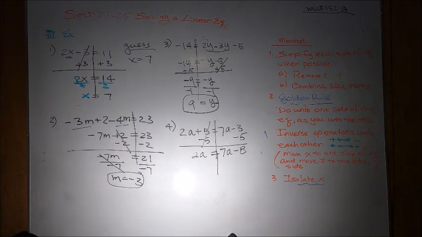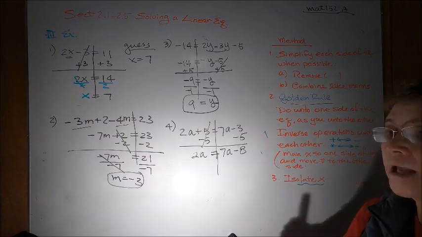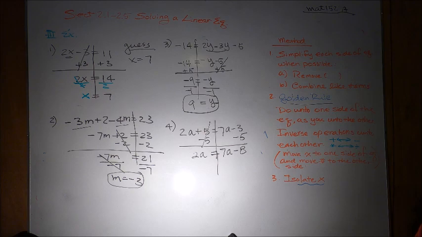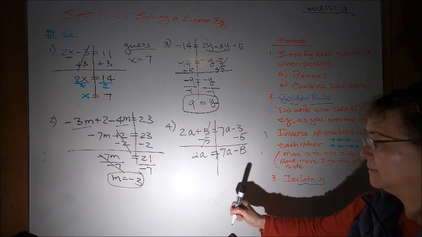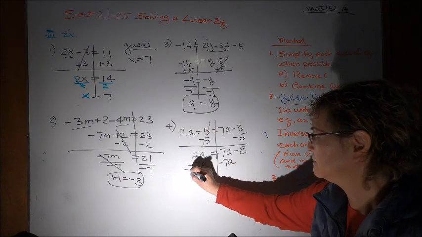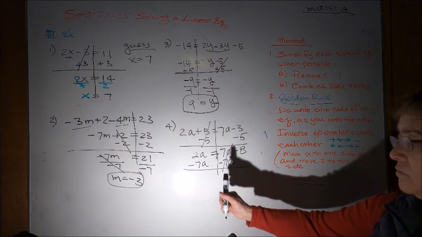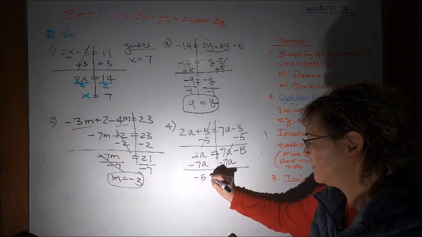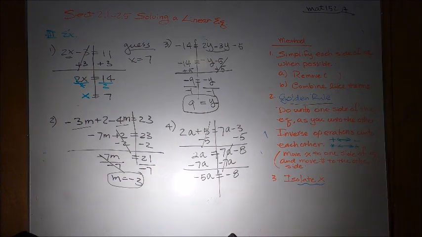Then what should you do? You need to move the variable to the other side by doing the opposite. 7a, to take away from it, you do minus 7a, right? Then what do we have? 2 minus 7, negative 5a equals negative 8, right?